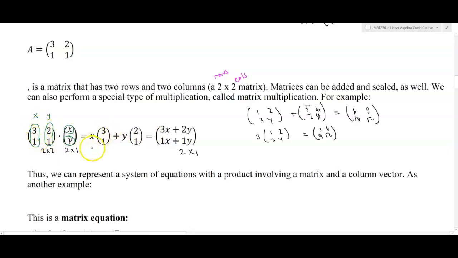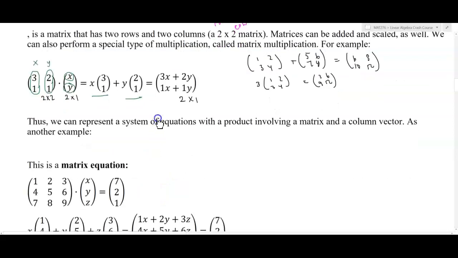So x times the 3, 1 vector, y times the 2, 1 vector, add those together. That's how matrix multiplication is defined. We get 3x plus 2y and 1x plus 1y. So already this is giving us a way to represent a system of equations where we could have a matrix that has coefficients in it and then a vector that has the variables in it that maybe we're trying to solve for.